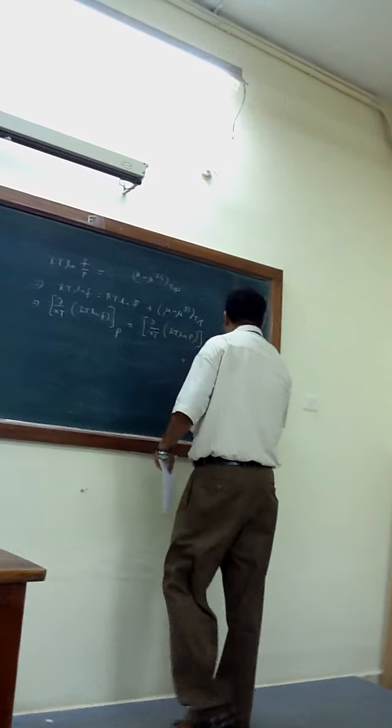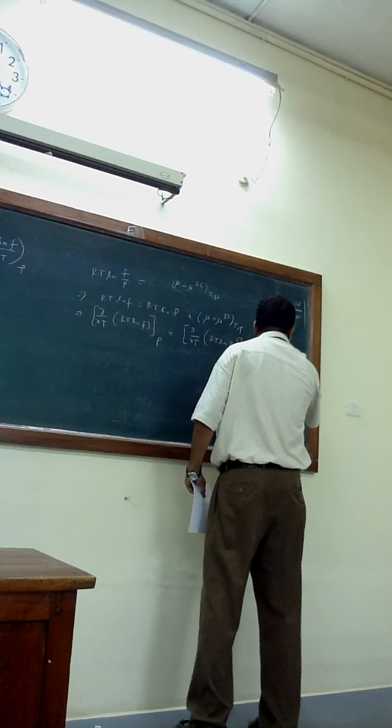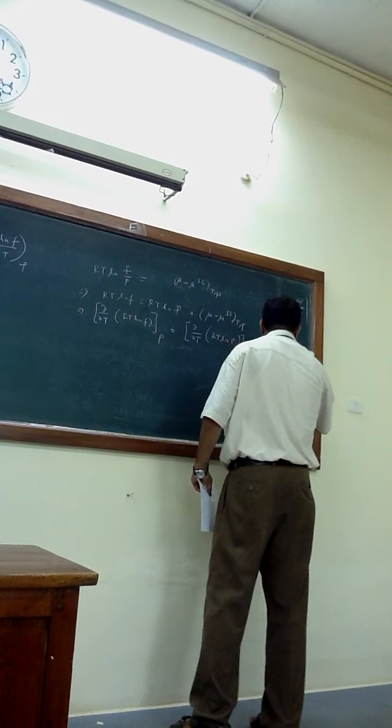We can write this term as dou mu by dou T at P minus dou mu Ig by dou T at P.